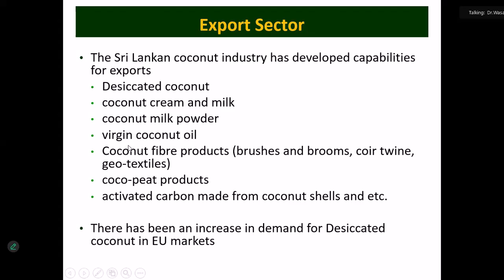We will discuss these in detail next week. Coconut fiber products, coir products, cocopeat products, as I mentioned, grow bags and activated carbon. So these are the 7 main products, today and next week. In the exam, I have based your module on these 7 products.